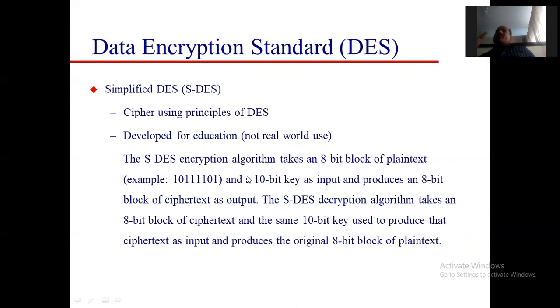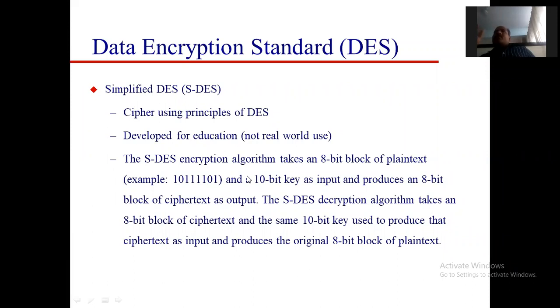You remember these things because many MCQ questions come from them. So the first MCQ is this: SDES stands for Simplified Data Encryption Standard. The block size in SDES is 8-bit, and the size of the key is 10-bit. The size of the cipher text is also 8-bit. Why is it 8 bits?